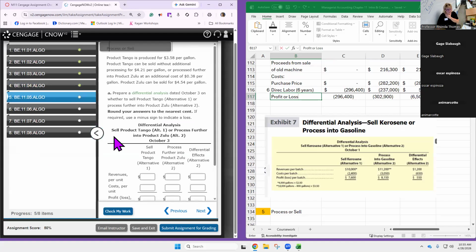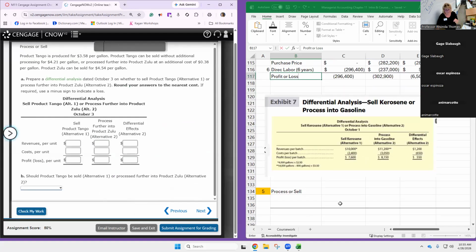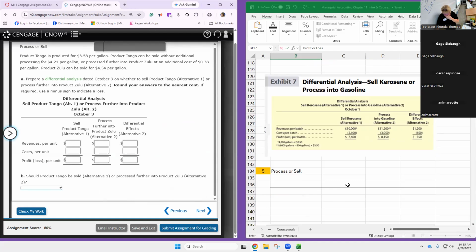Let's keep going. All right, now we're going to decide whether to process something further or sell it at a certain point. All right, so what we're going to do is, I'm going to put down what we need here.